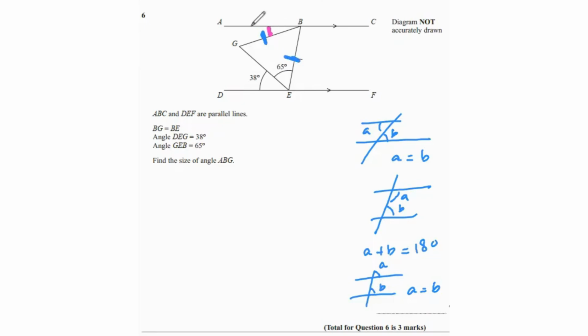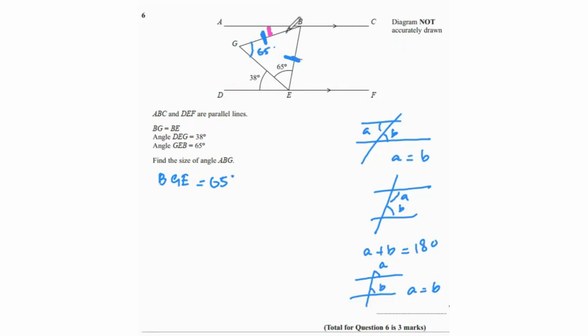So ABG is over here, this pink angle. We know that this is 38, this is 65. Line ABC is parallel to line DEF. So if these two lengths are equal, these two angles are also going to be equal. So BGE also equals 65.